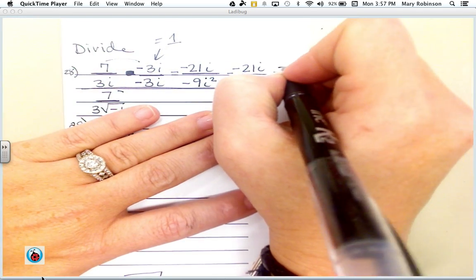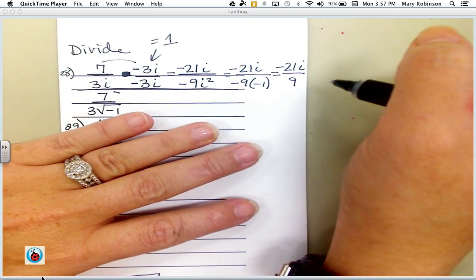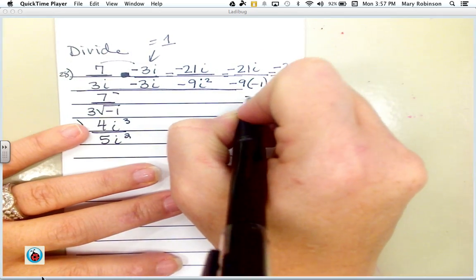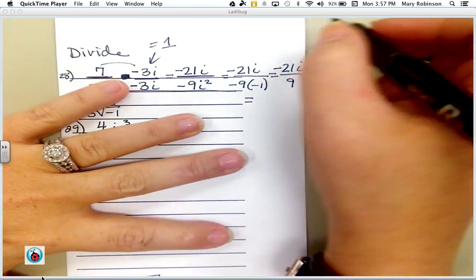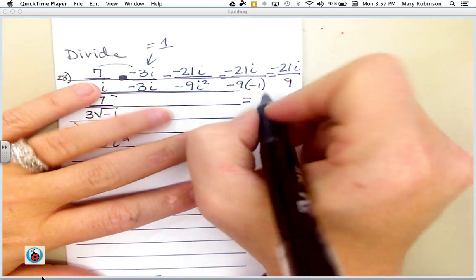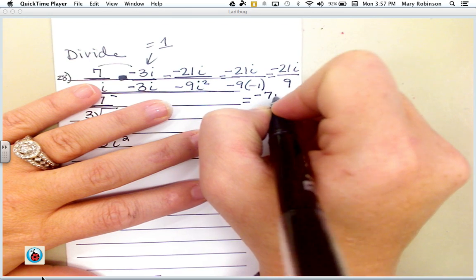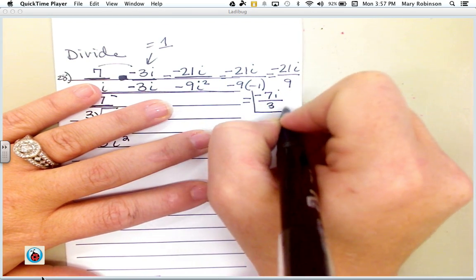There's nothing really to simplify, so we continue to bring it over. And if we notice a common factor, we should reduce. So notice that 21 and 9 are both divisible by a common factor of 3. So if I divide my numerator by 3, negative 21 divided by 3 is negative 7, and 9 divided by 3 is 3.